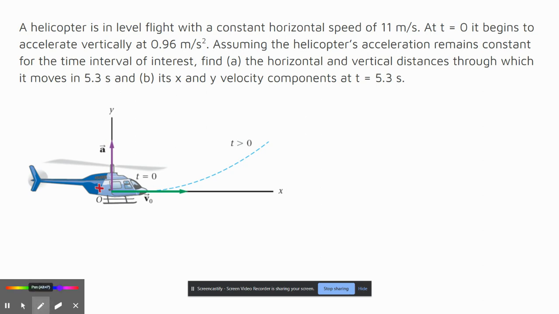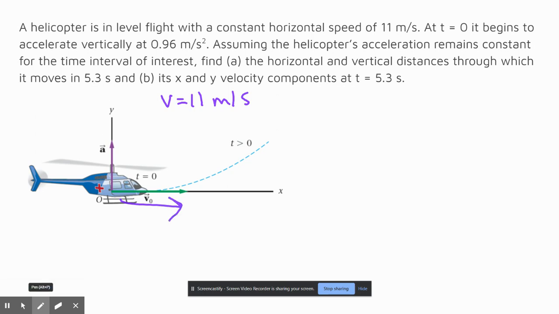Now, some information that we have been given, and it's always good to write this down. We know that V is 11 meters per second. And it says that this velocity, this speed in the horizontal direction, okay, so horizontal is this way.